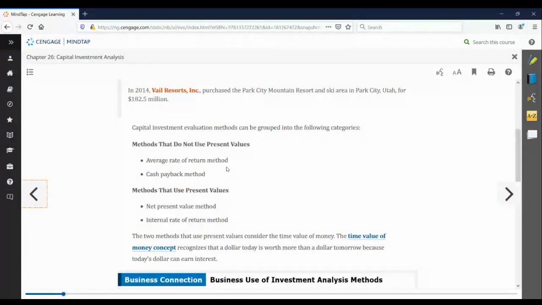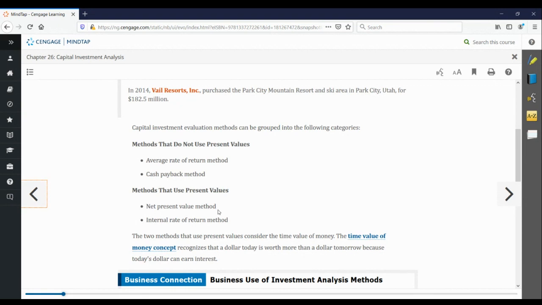So we would subject that machinery that we were talking about before to the average rate of return. If it meets management's expectation, then we would further look at that asset through the cash payback method. If it meets management's expectation for the cash payback method, then we would go on and subject it to the next type of evaluation method.